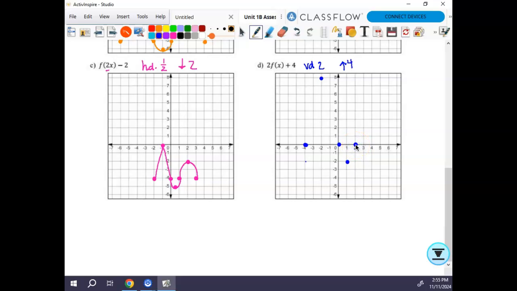Then 4, 0. Vertical dilation goes nowhere. And then I go up 4. And then my last one, 6, -2. Vertical dilation makes that -4. And I go up 4. So it should look like this. So this is straight, straight, curve, curve, like so.